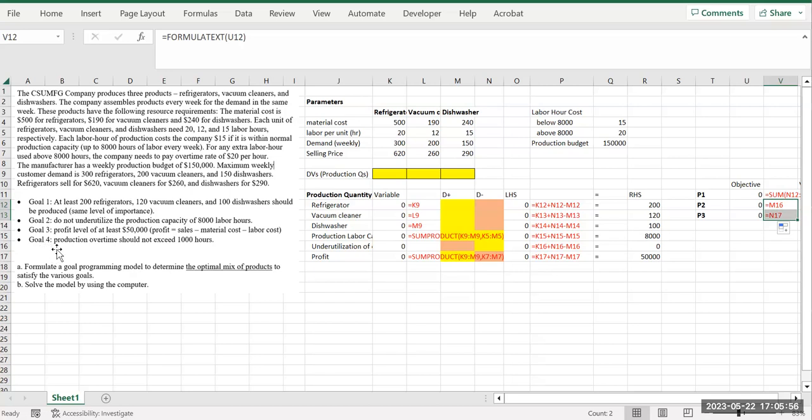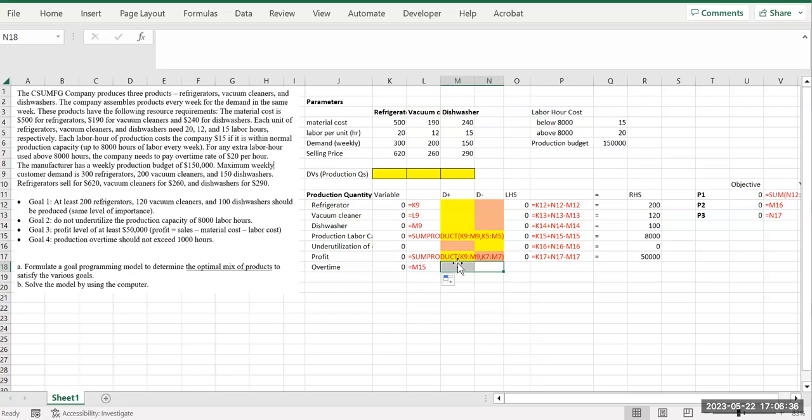Lastly, goal 4 is going to be production overtime should not exceed 1,000 hours. So overtime, we want to limit that to 1,000 hours. So overtime is going to be measured by D plus, the amount of overtime going above 8,000 production labor capacity. Anything above 8,000, that would be considered the amount of overtime. So overtime is the variable of interest. All right. And the target here, and again, I'm going to allow both of these.